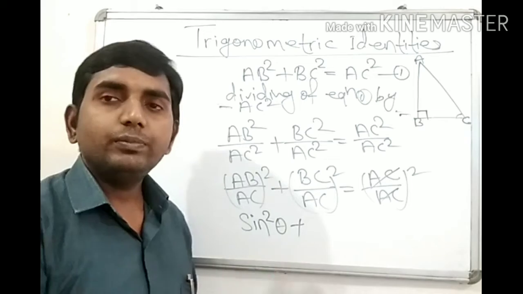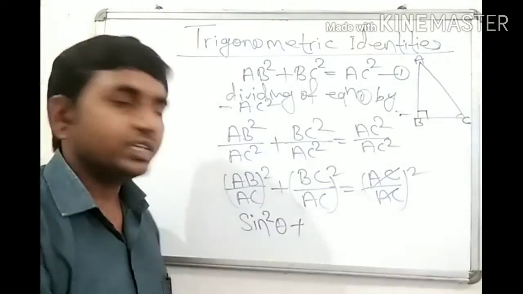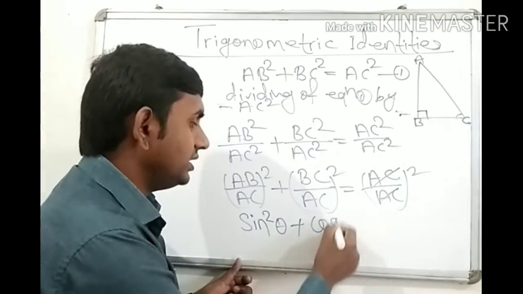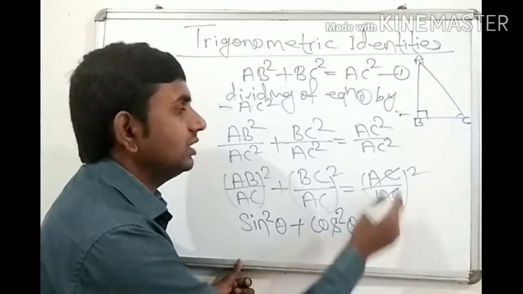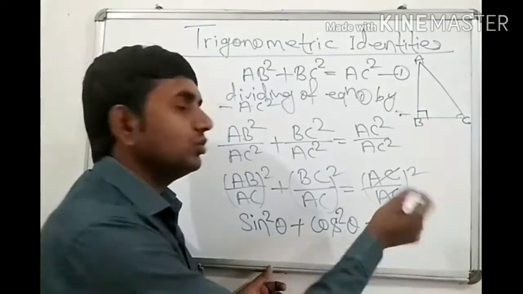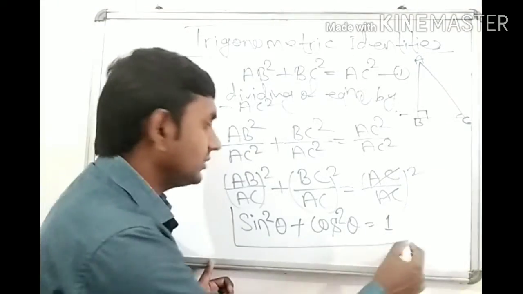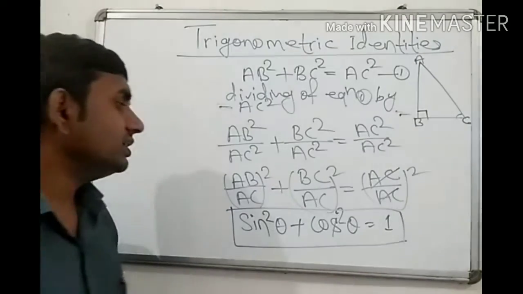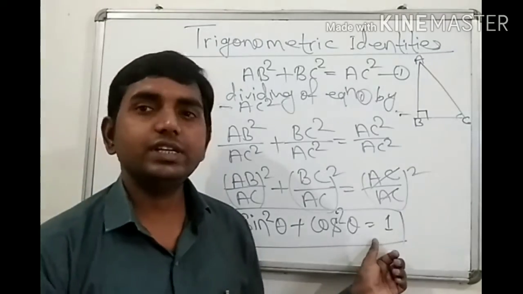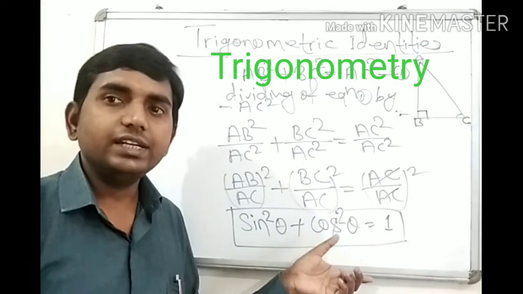And we know that base by hypotenuse is cos theta, so we write cos square theta. Here AC cancels, then we have 1 square, that is equal to 1. So this equation, sine square theta plus cos square theta is equal to 1, is called a trigonometry identity.